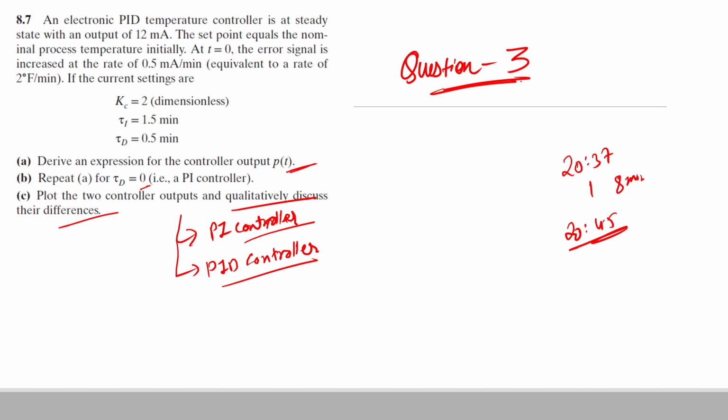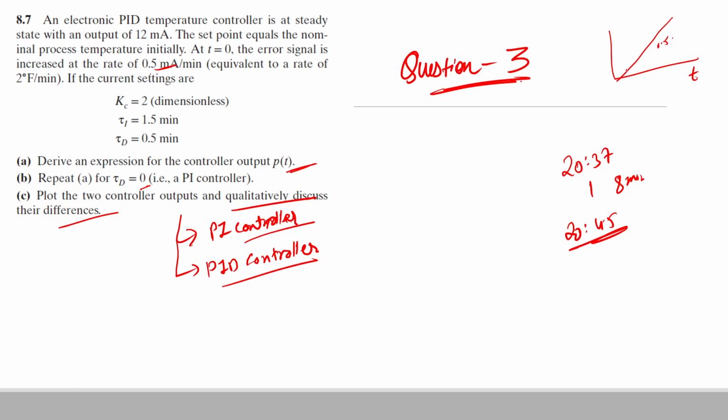So I think you should be able to solve this. This is again similar to the previous questions, but in this case, rather than the step input, we have been given a constantly increasing input with the rate of 0.5 milliampere per minute. So basically, this input increases with a constant slope of 0.5 per minute.